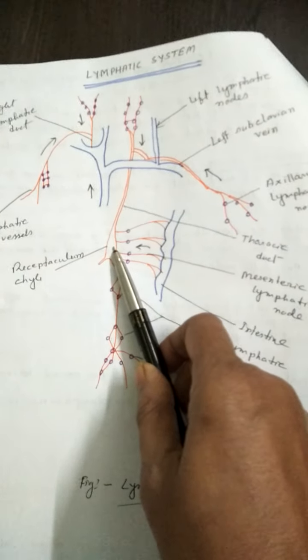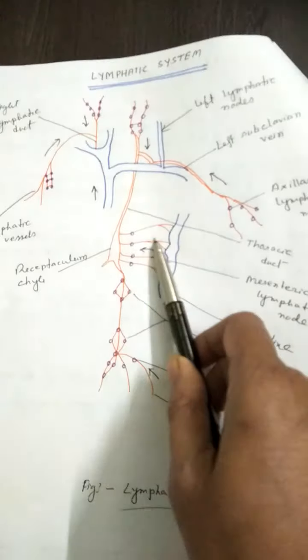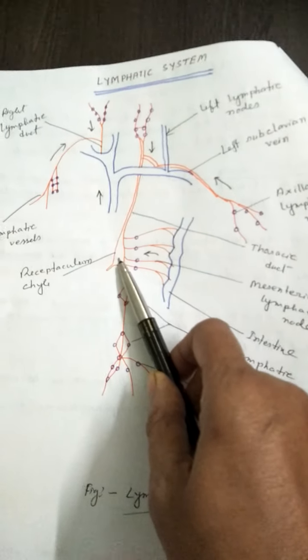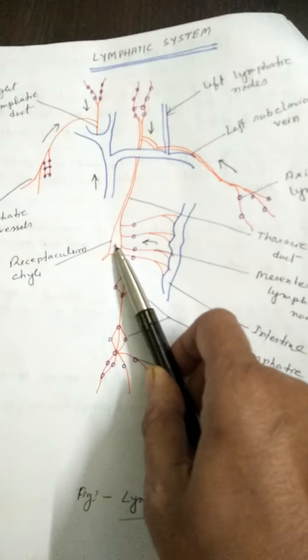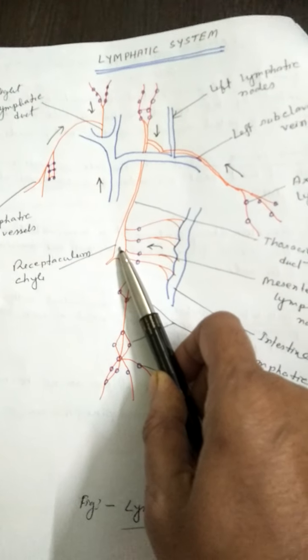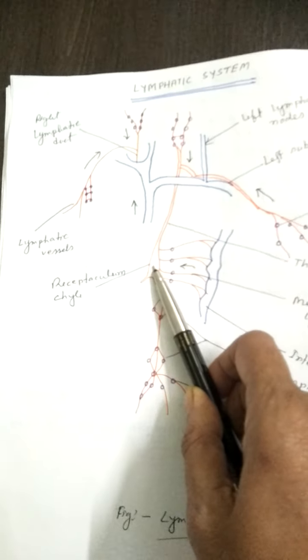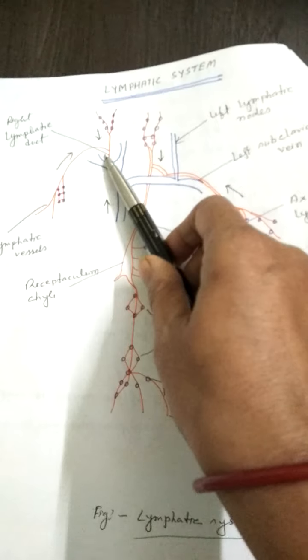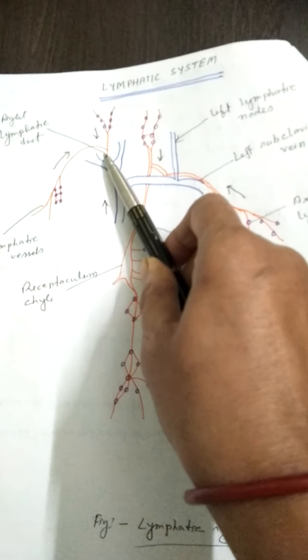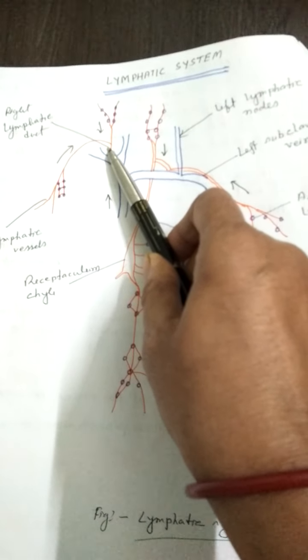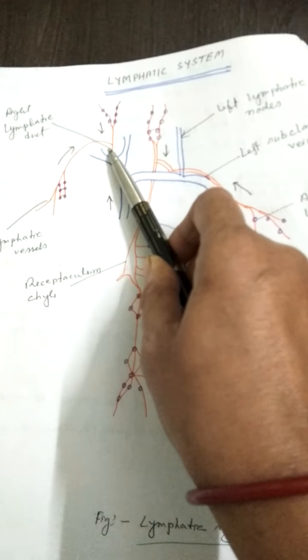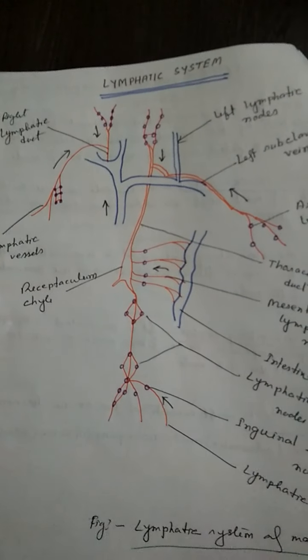So a number of these capillaries or vessels open and form the receptaculum chyli. Then the right lymphatic duct. It collects the lymph from the right side of the thorax, right upper limb, and right side of the neck.